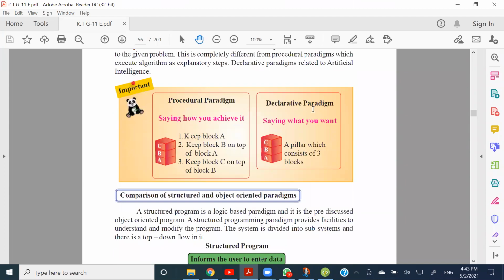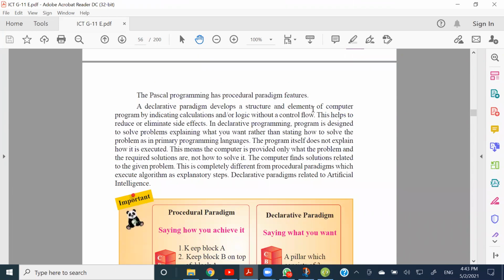And regarding structured and object-oriented, this is the one I told you to underline.